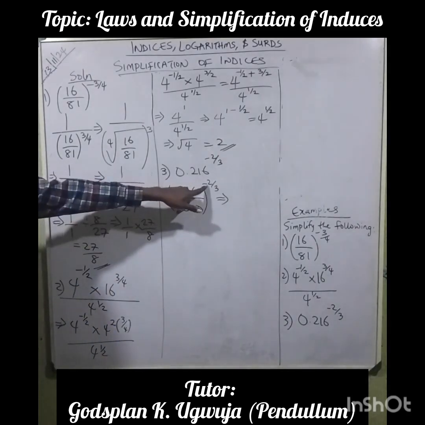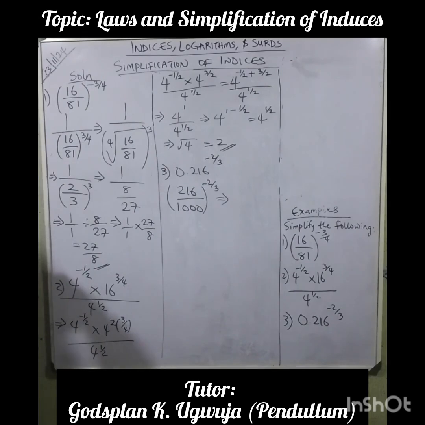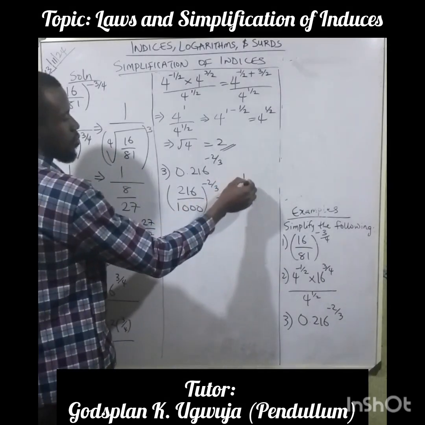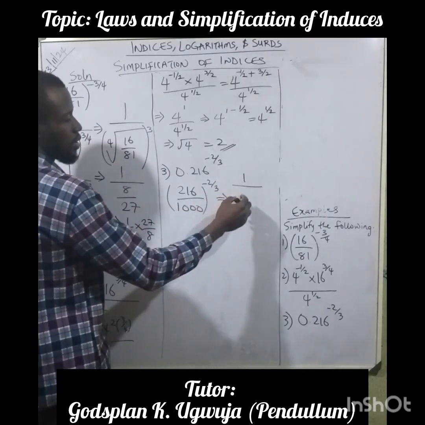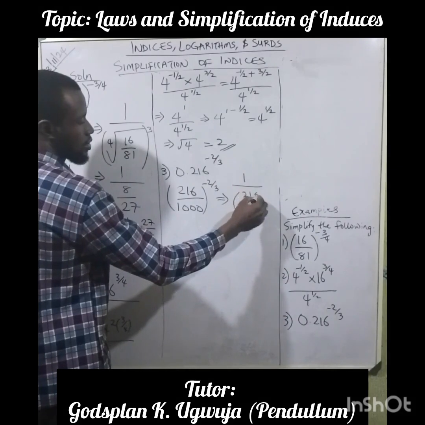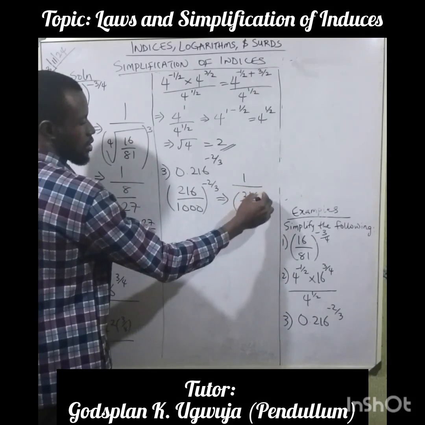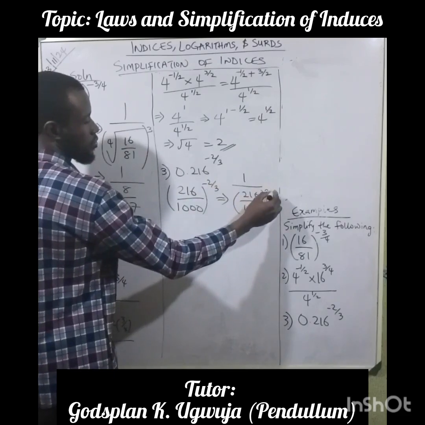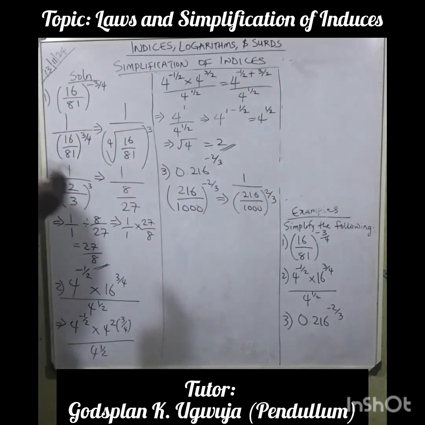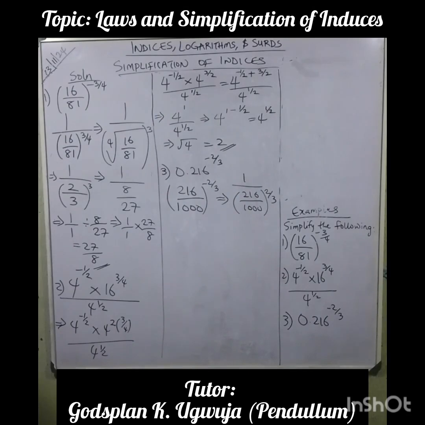First thing you do, get rid of this minus, just like we did here. Remember the negative index law: minus means 1 over. Then we'll still have 216 over 1000, now raised to power 2 over 3. So we've gotten rid of the minus by making it a reciprocal.